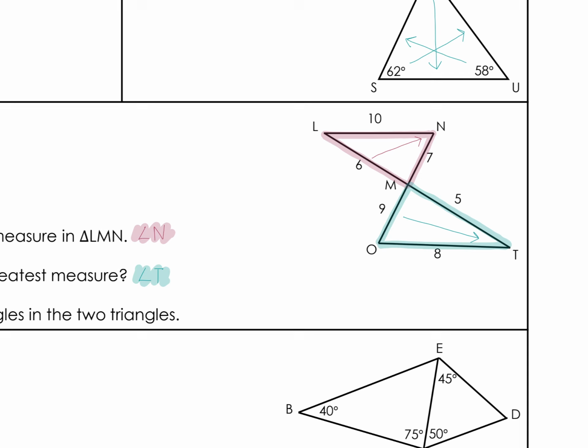So here, what we can do is, I'm going to switch to black for this. And so I see that my largest side is LN. So that's going to be my 10. And so this angle here is currently my largest one, which we know is congruent down here because of our lovely vertical angles.